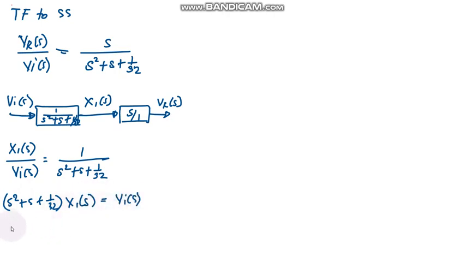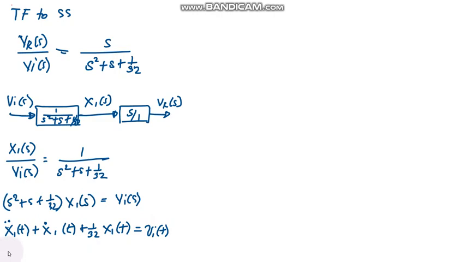The next thing is to take the inverse Laplace of this. So inverse of s squared x1 of s will be the second derivative, no? So that will be x1 double dot of t, plus s x1 of s will be the first derivative, so x1 dot of t, and of course the 1 over 32 x1 of t, and on the other side of the equation that will be vi of t.